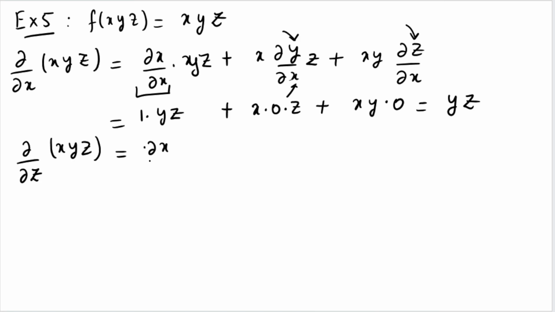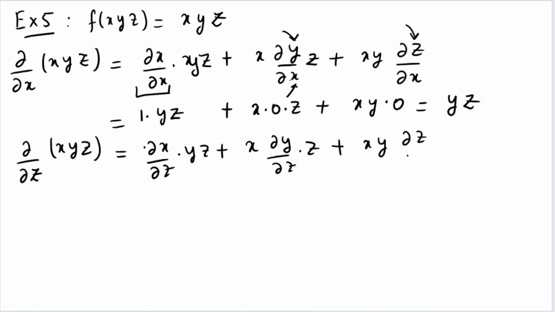So ∂x/∂z times yz plus ∂y/∂z times z plus xy ∂z/∂z. Since the variable is z, this gives me 0, this gives me 0, this gives me 1. So therefore the answer is xy.